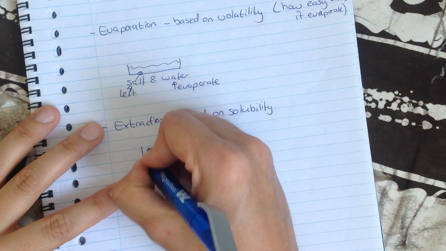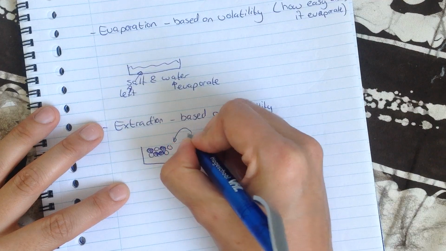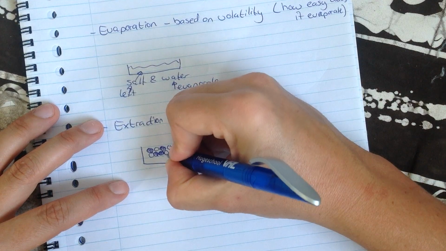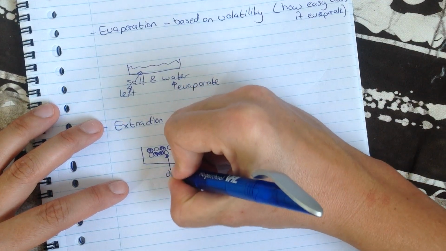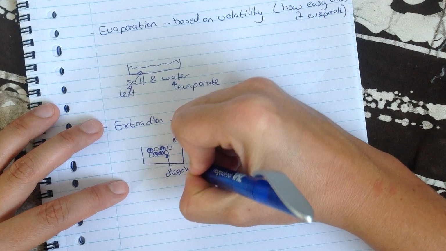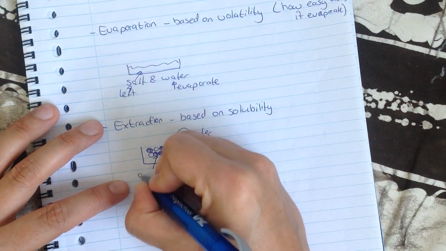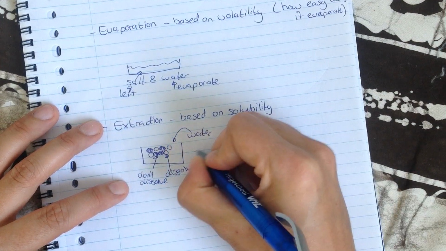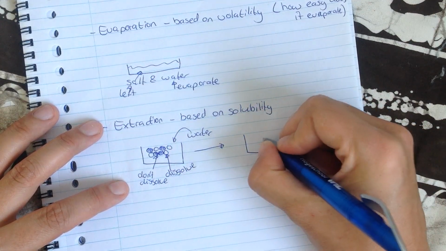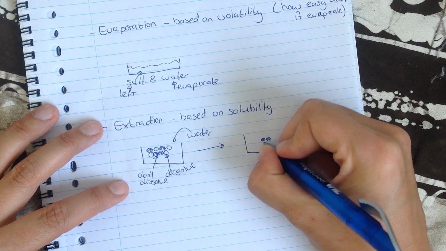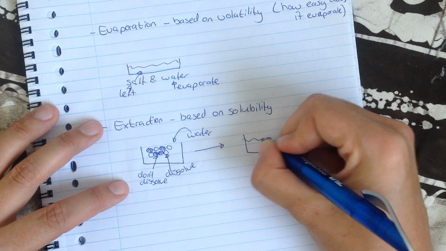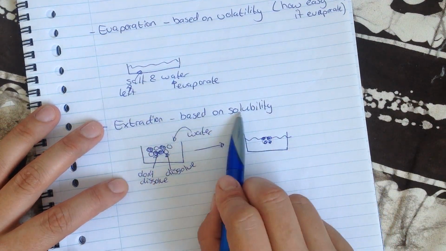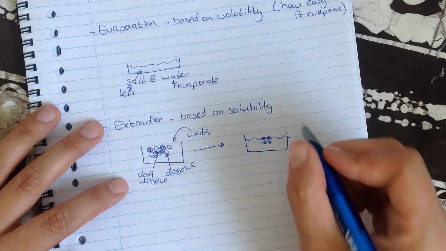I'm going to add water, and the white ones dissolve, and the black ones don't. And then you get like this. The black ones are still there, and the white ones are in the water. So this is still solid, but the other ones, they are in the water, so they are dissolved.